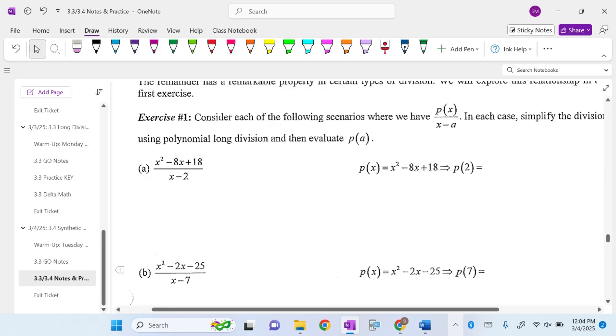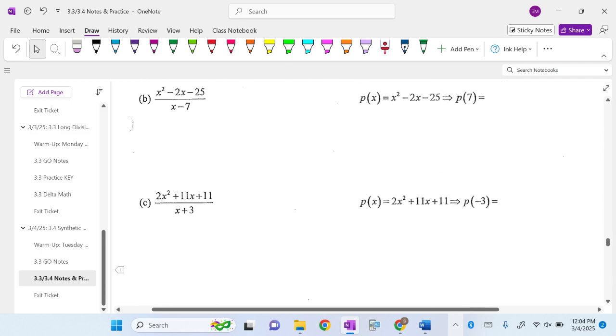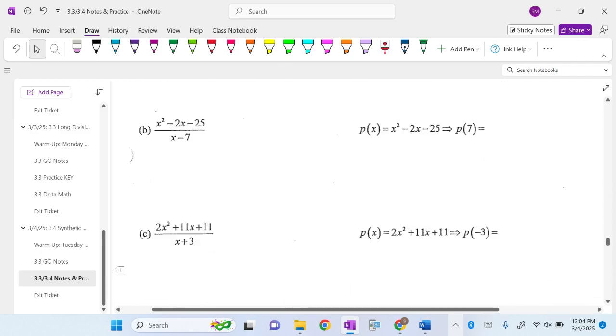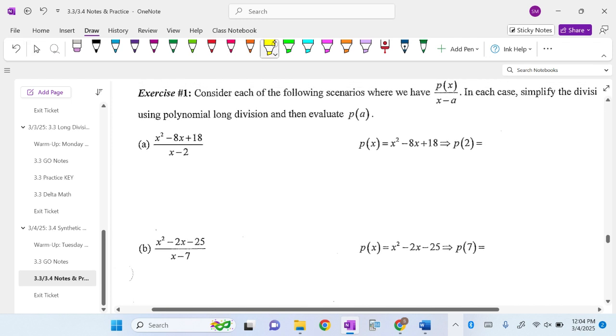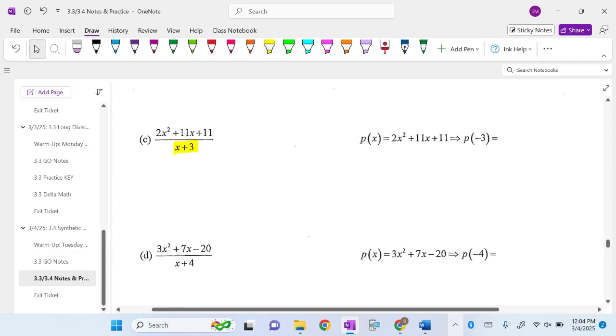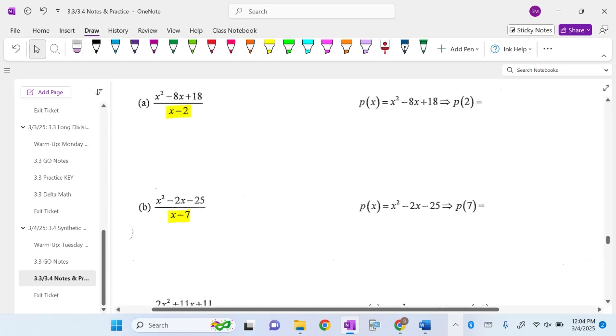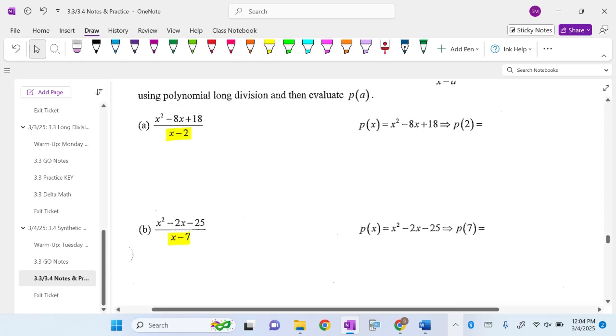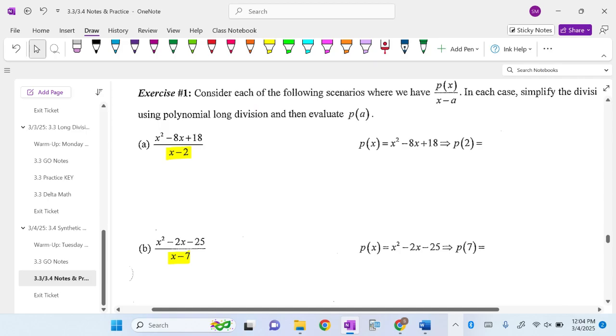We're not going to use long division because check out what all of the divisors are. Look at what we're dividing all by. What could I definitely use instead of long division? Synthetic. So we're going to use synthetic because it's quicker. And I'm only going to do a couple of these.